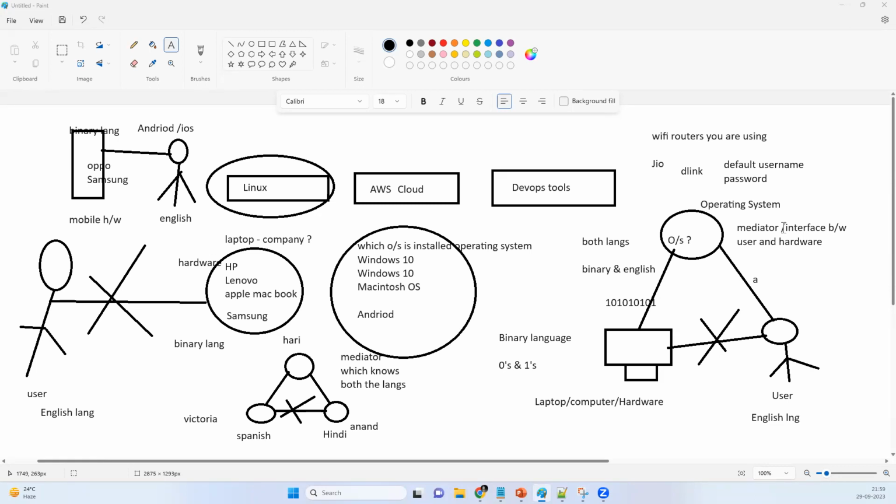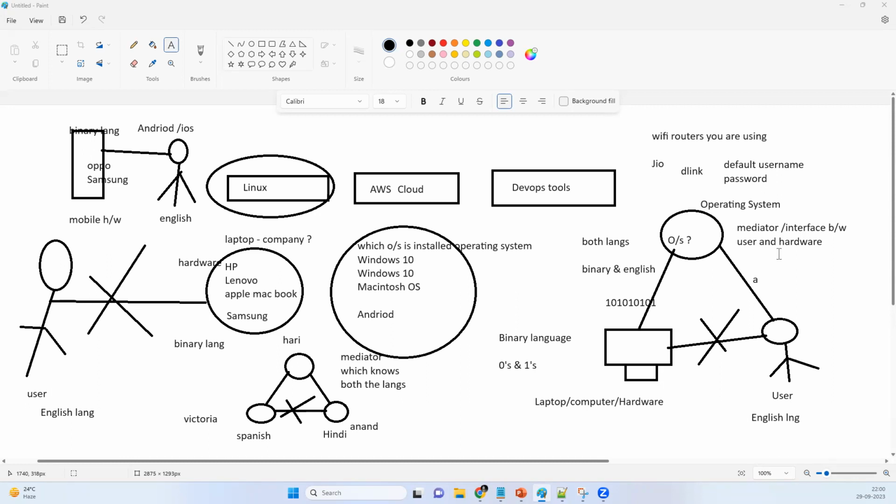So, operating system is a mediator or interface between user and hardware. Operating system is nothing but a mediator or interface between user and hardware. Right? Home, are you there? Home, did you understand? What is OS? Ramakrishna?